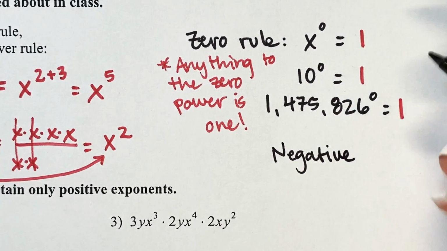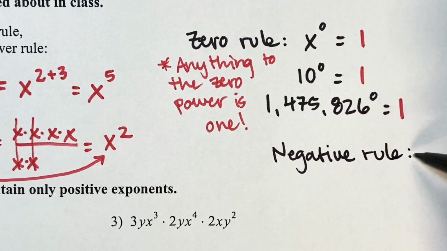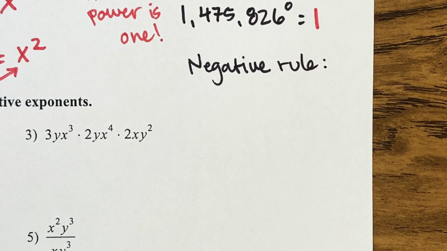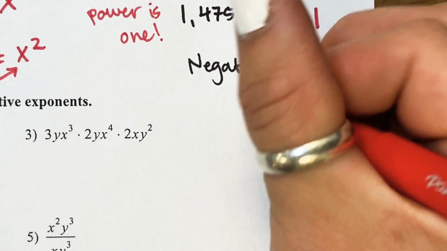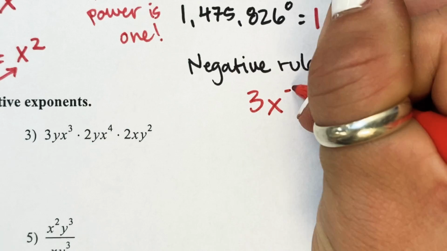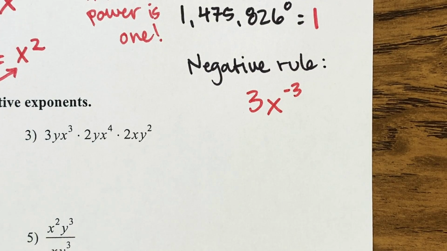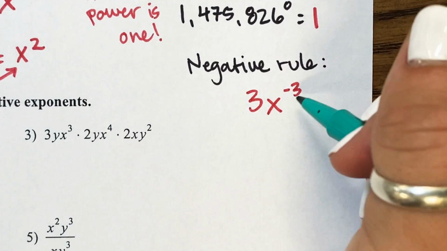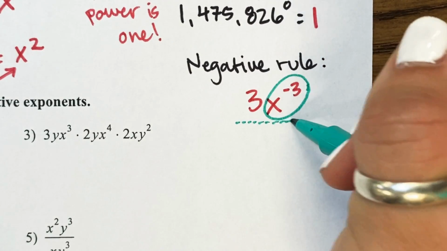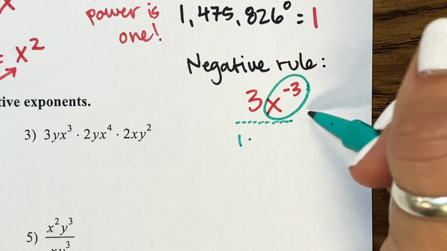Okay. Our next exponent rule is our negative rule. Let's say we have a coefficient of 3 and it's being multiplied by x to the negative 3rd power. Our negative rule says that our negative exponent only grabs what's right in front of it, and then there's always an over 1, right?